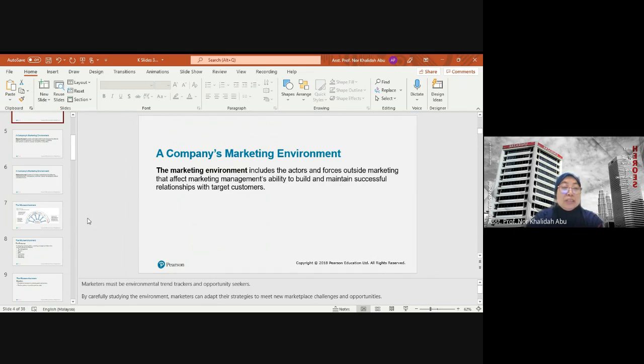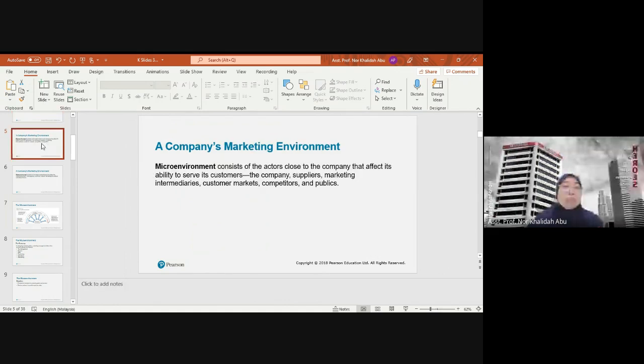So this is what we meant by the marketing environment. And as I stated earlier, we have to continuously monitor this environment to ensure that we would continuously be successful or continuously in existence and having growth for the future of the organization.